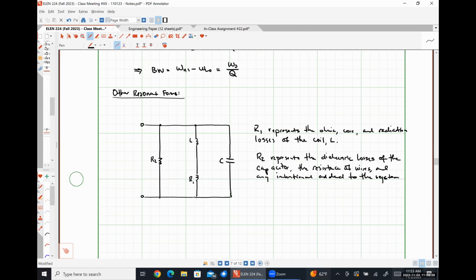Now, let me ask you guys what I hope is a really simple question. Can we do any element combination techniques here to make this simple?